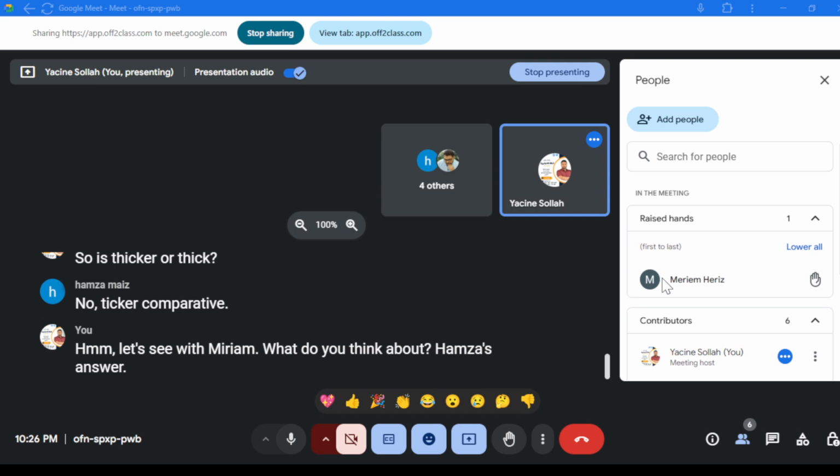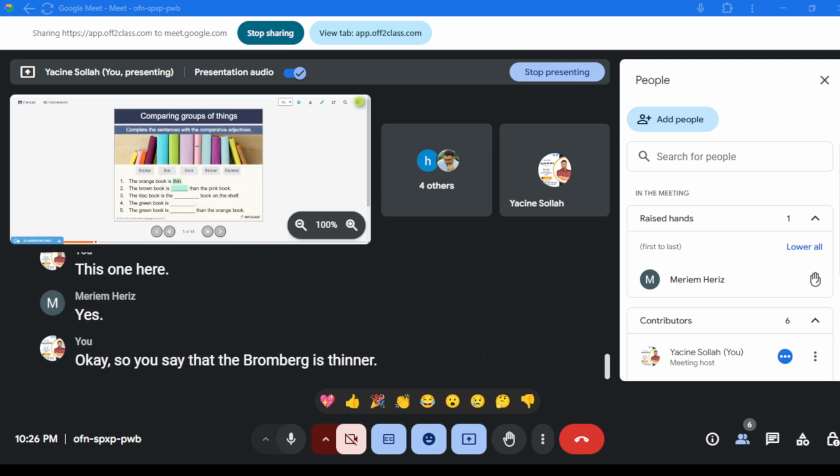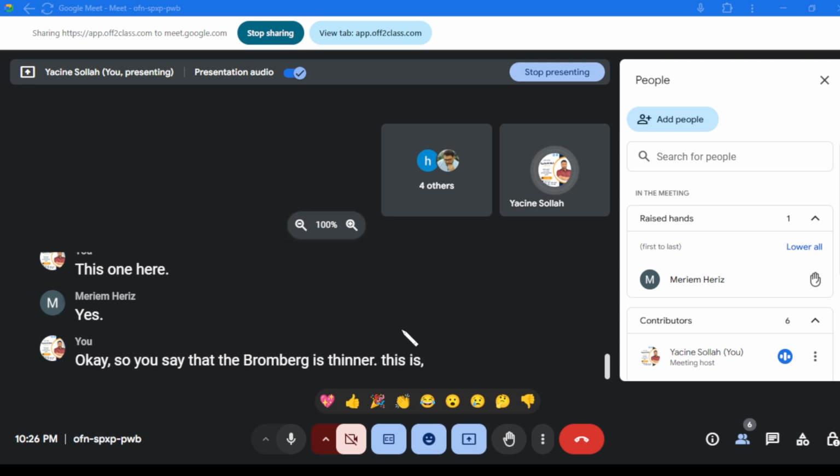And the pink book? In the middle. So you say that the brown book is thinner. This is your answer? Very good, that's correct. Exactly, the brown book is thinner. Good, thank you. Next one.